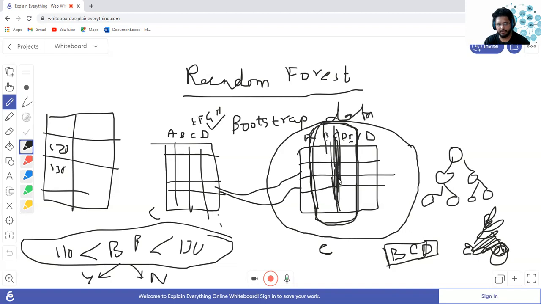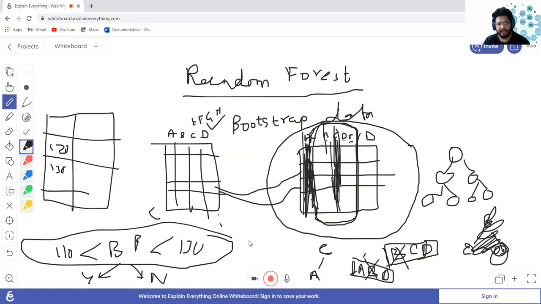C is not there anymore. Then again, I choose one sample, A, B, D, and I apply Gini impurity and choose the best one. Say A is chosen. Then A is also gone. So now this sample is also rejected.